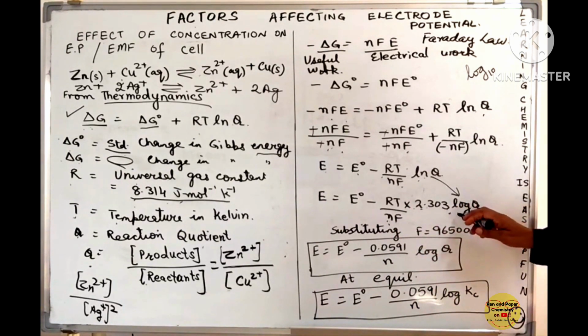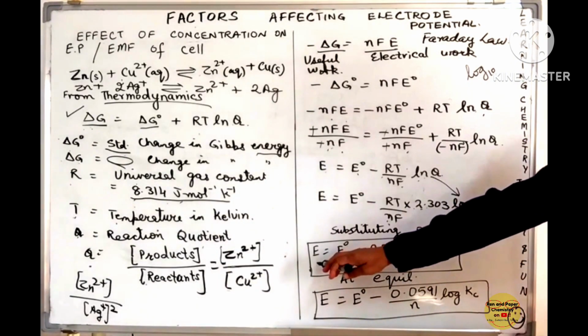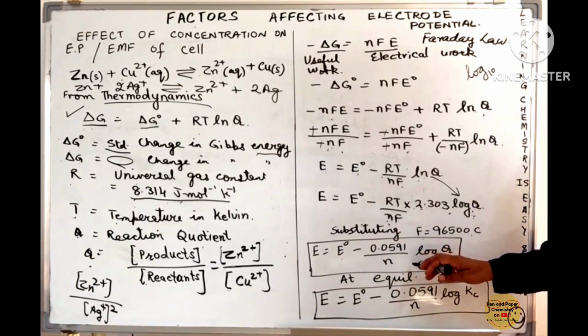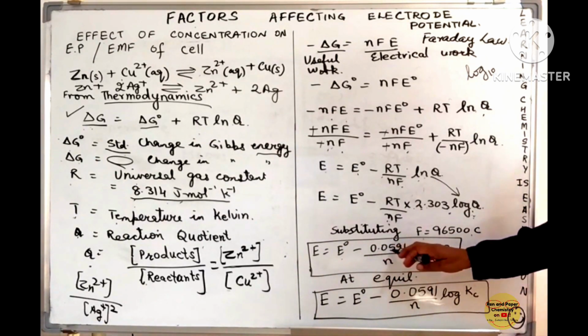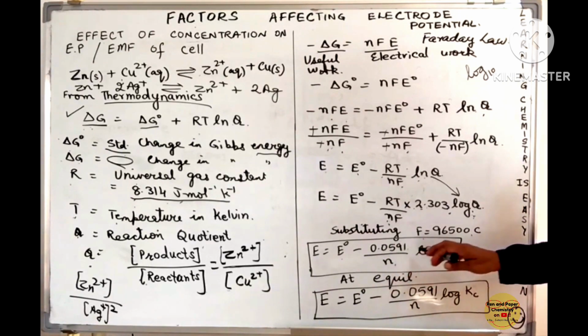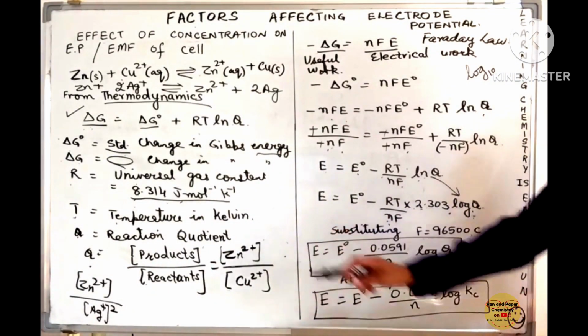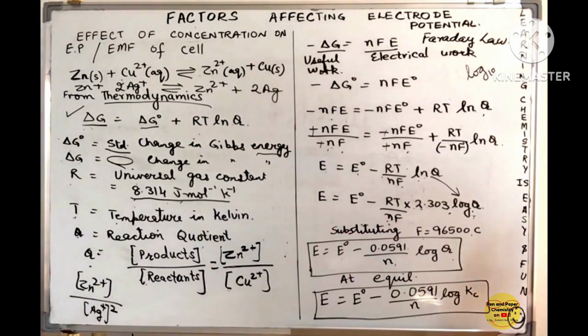So when we put the values of all the constants, F is 96500, we get E equals E naught minus, yes, you can check the calculations, 0.0591 upon n log of Q, where Q is the reaction quotient, the ratio of the concentration of the ions of the products and reactants at any point other than the equilibrium.